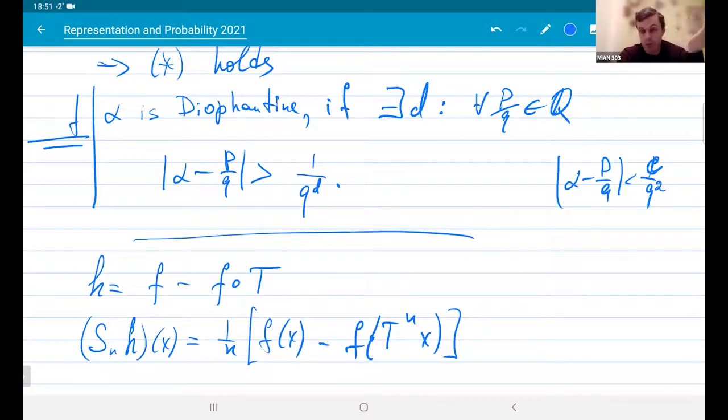So we see that for a Diophantine circular rotation, we have exactly this situation for sufficiently smooth functions. And in fact, one can even show that any sufficiently smooth function can be decomposed in such a way.